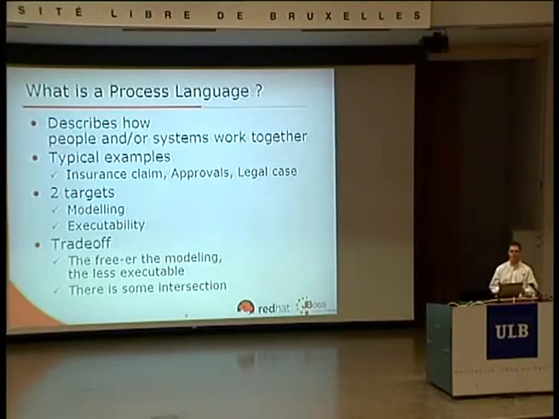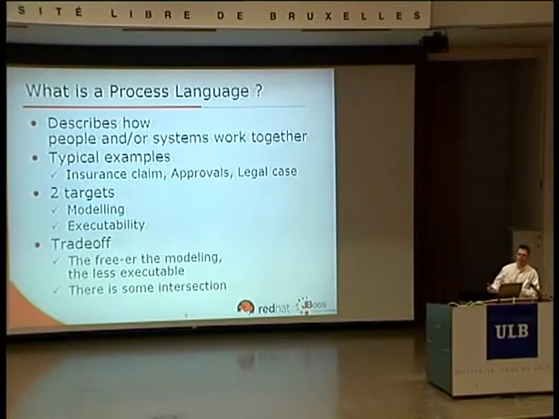And that's where there is a trade-off between these two, because if you have an analysis tool that allows you to draw your process very freely, like Visio, or maybe you've heard of ARIS, the IDS Scheer tool, you can model your business processes, but you cannot execute them properly in that environment. You can draw them, and in the drawing you are completely free. So that's one kind of technology.